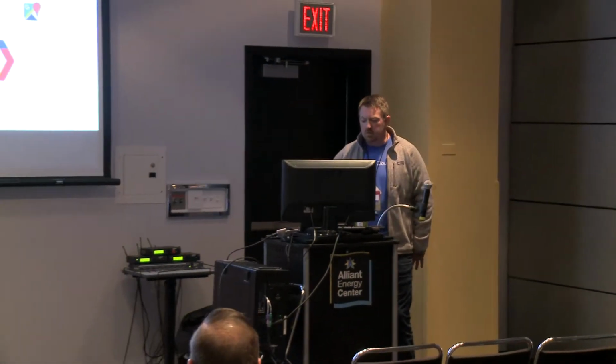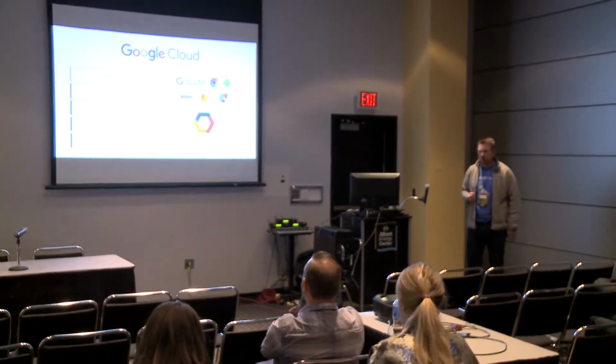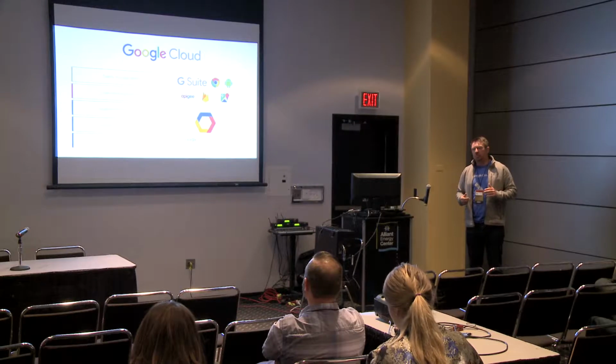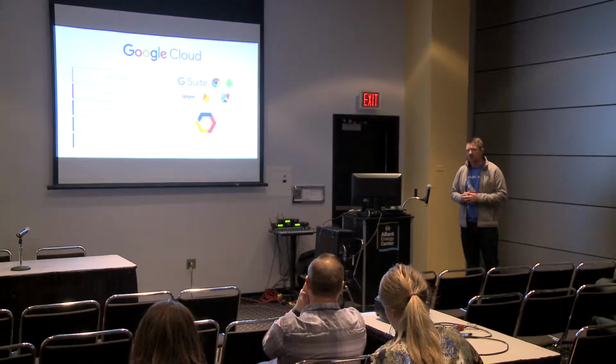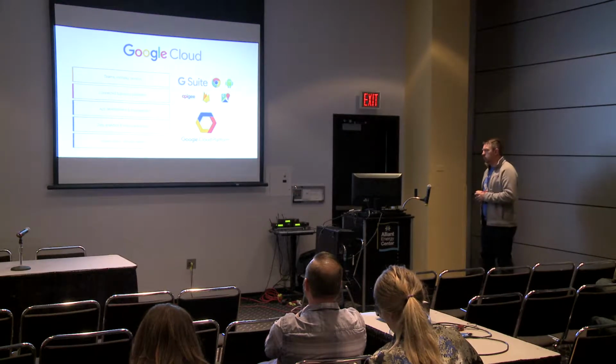So, in a nutshell, Google GCP, Google Cloud Platform, is a stack of cloud-based services. At the top of the stack, we have things like G Suite, Android, and the Chrome browser.